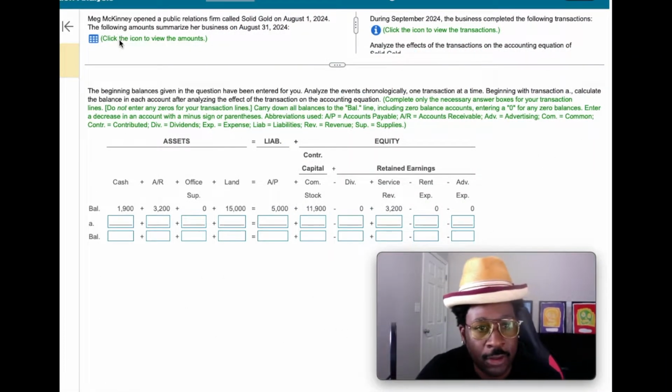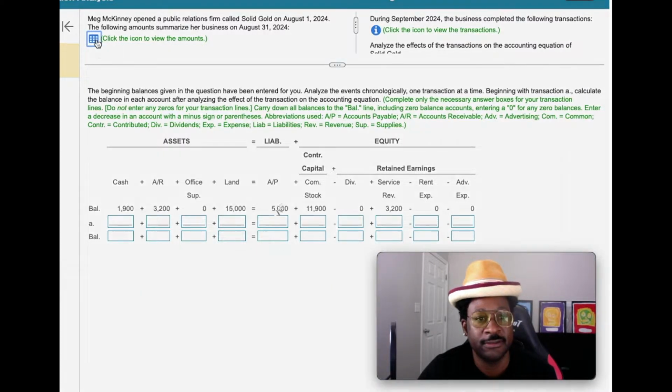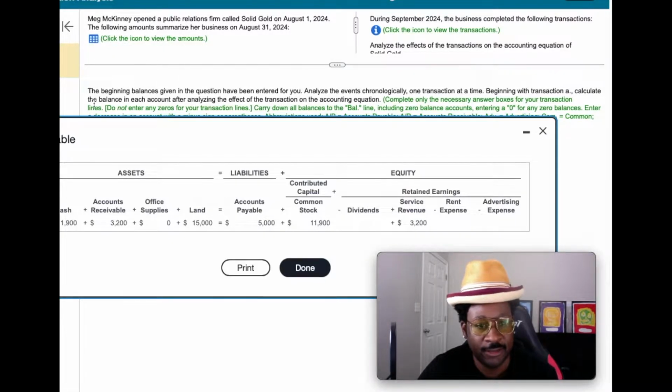Alright, so we have Meg McKinney opening a public relations firm called Solid Gold in August 2024. The following amounts summarize the business at the end of the month, August 30th. Let's see what this is. So we have some balances based on the accounting equation.